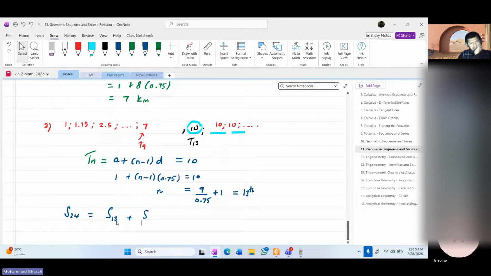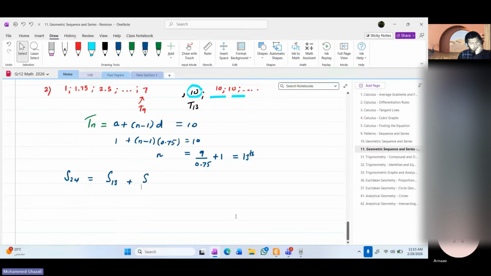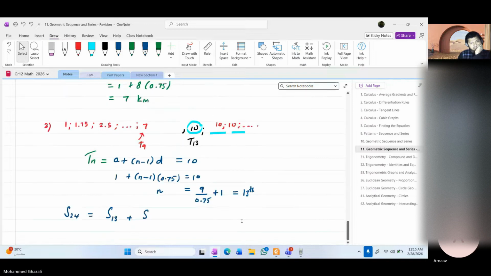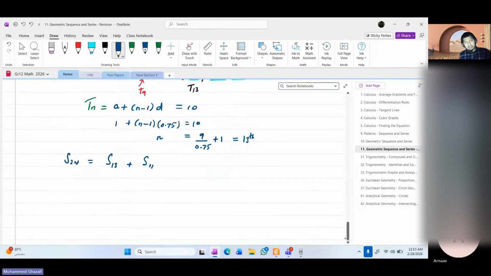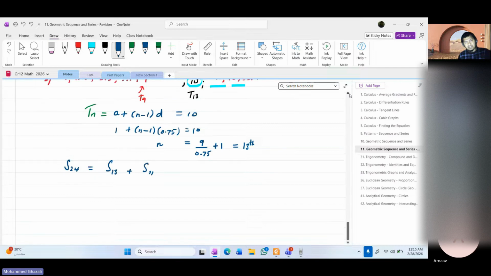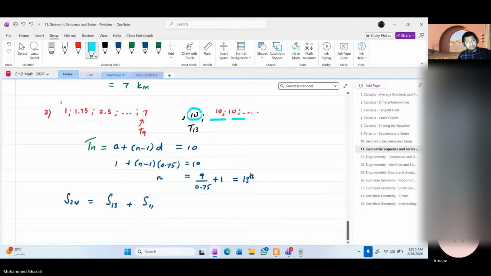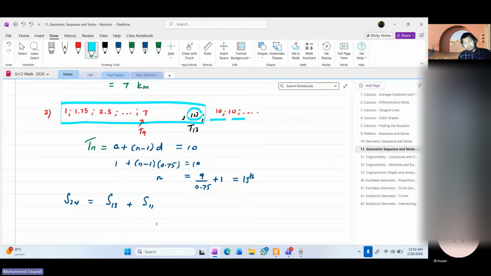So what's 24 minus 13? 11, right? 11 terms, sum to 11 terms. Now S13 is summing up 13 terms from this sequence over here, and S11 is summing up the balance here, right?